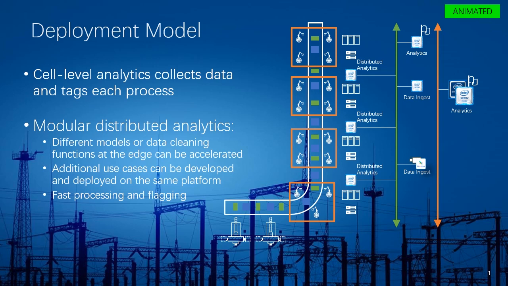So what we are also aiming to do with EIS and the Intel platform and the virtualization that Reggie mentioned is to be able to have one device, one box, whether it's at the cell level or at the line level, where you can consolidate all of those use cases in different virtual machines on the same box.